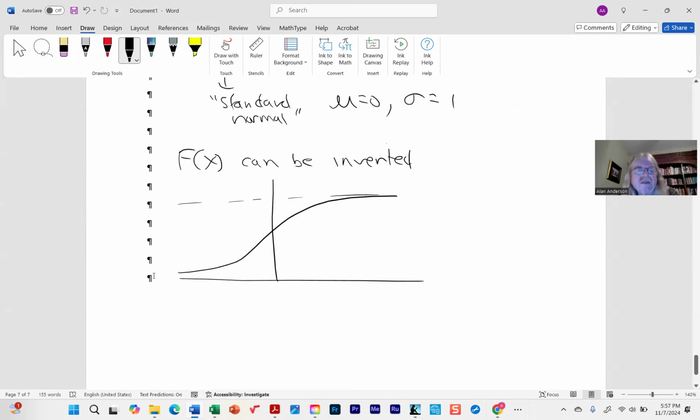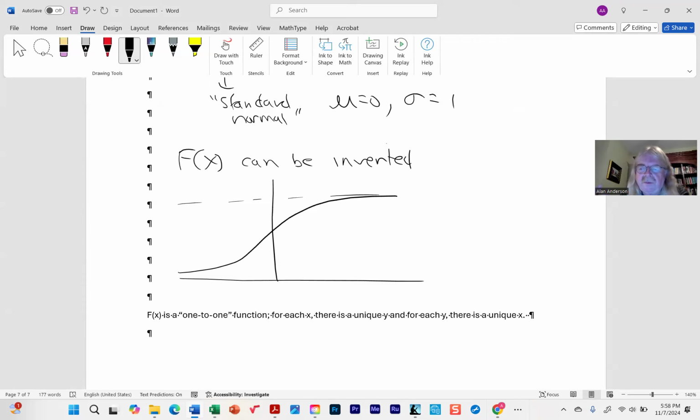Because just by looking at the graph, you can see this capital F of x is a one-to-one function, which means that for each x, there is a unique y, and for each y, there is a unique x.